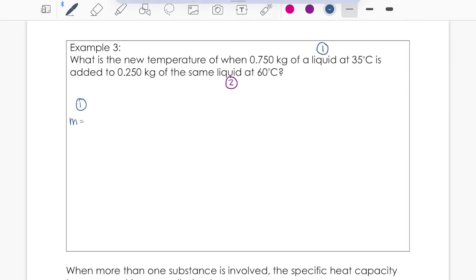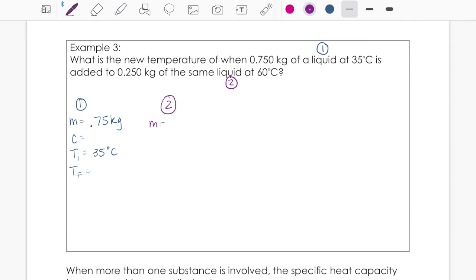If I list out my variables that I know, the mass of the first one, they gave it to us in kilograms, is 0.75 kilograms. We don't know the specific heat. We do know the initial temperature is 35 degrees Celsius, and we don't know the final temperature.